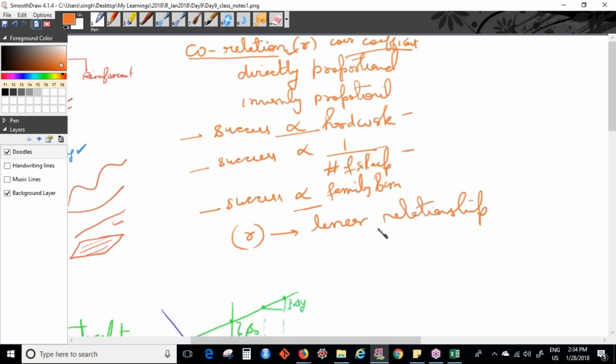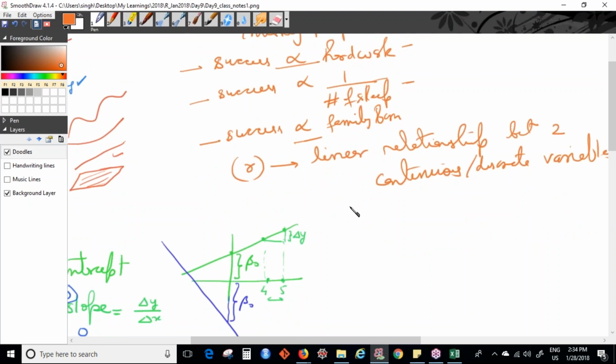It measures the linear relationship between two continuous or discrete variables. And the range it can take is from -1 to +1.